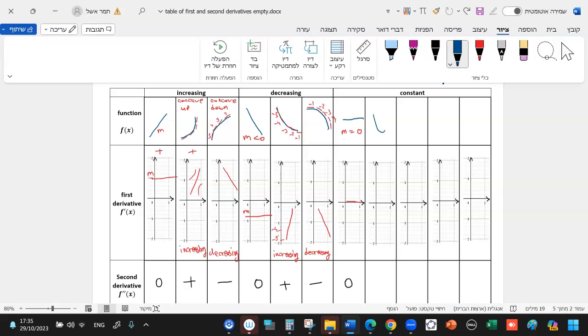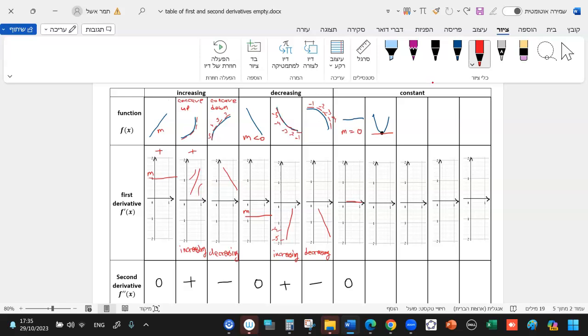For example, when we have this, the function from here on the left is decreasing until this point, and after this point it starts increasing. This point is a minimum of the function, a local minimum, because maybe at the entire domain of the function there may be a lower value.